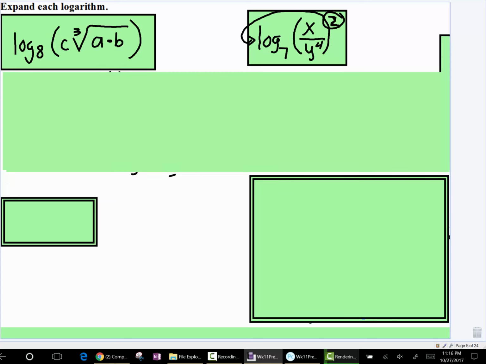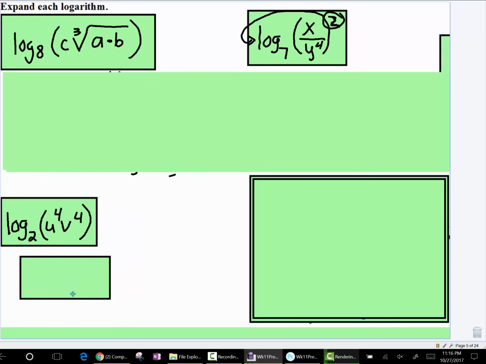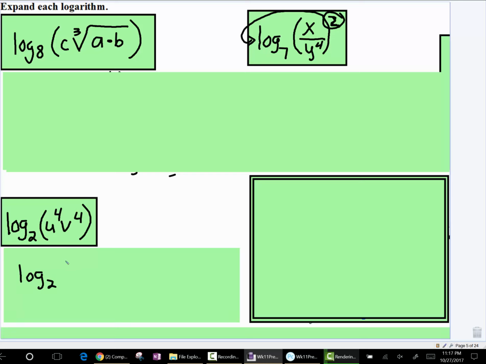I need to see what these next two things are. All right, so we have two things being multiplied, so that means it can expand to addition. And notice how both of the exponents are on the inside, so we don't have to bring a number out in front of this log initially. So we can just do log base 2 of u to the 4th, plus log base 2 of v to the 4th.